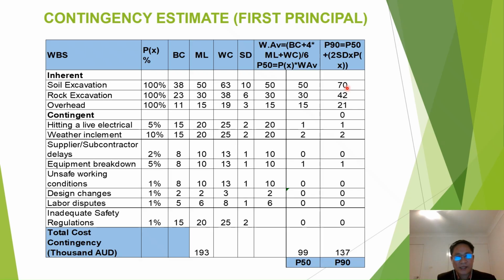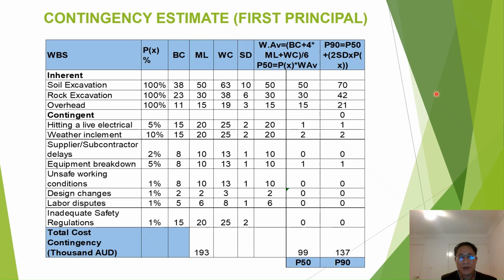This is not the exact calculation with the theory of bell curve that I have discussed earlier, and we use this manual calculation because maybe we don't have any software available like @Risk or Primavera Risk Analysis.